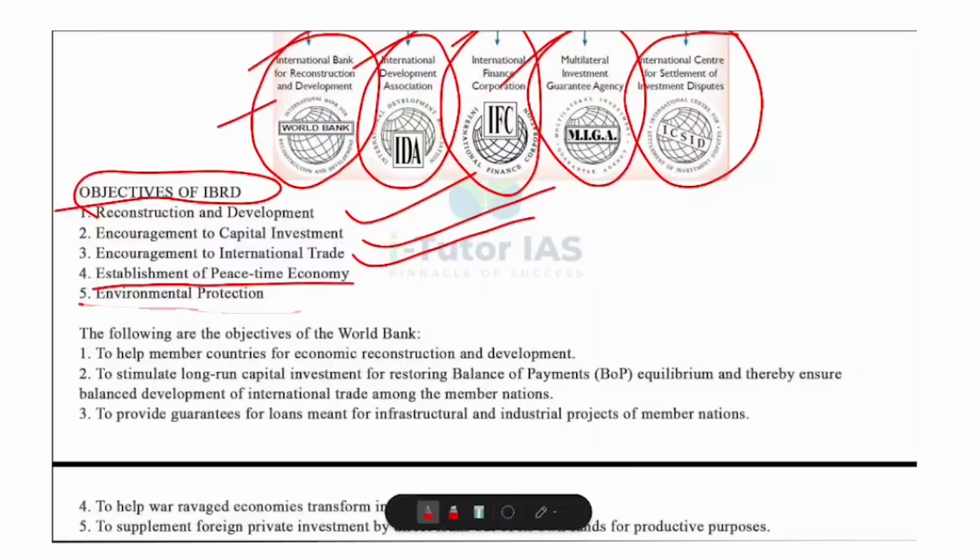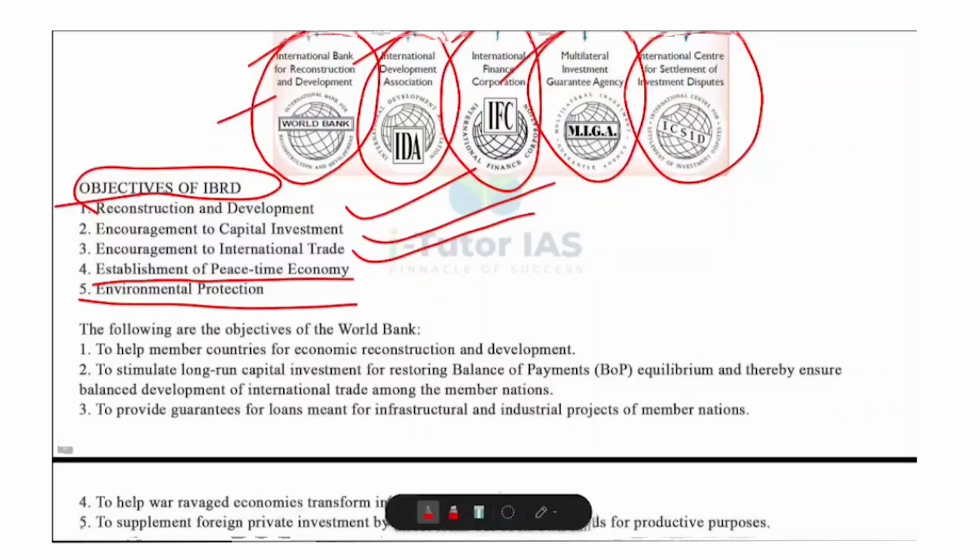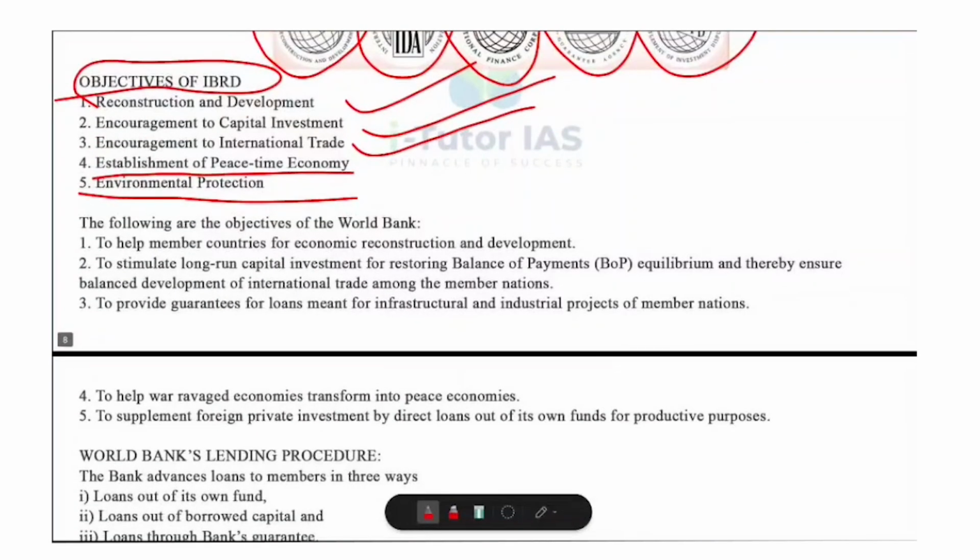And the last one, environmental protection. So modern development cannot ignore the environment. IBRD funds eco-friendly projects and encourages sustainable development to balance growth with environmental protection. Okay, so these were the objectives of IBRD.